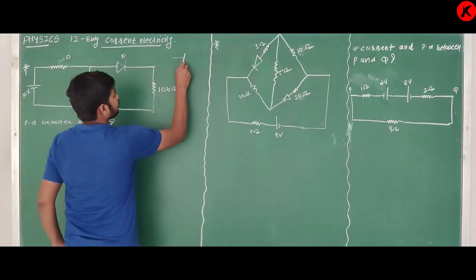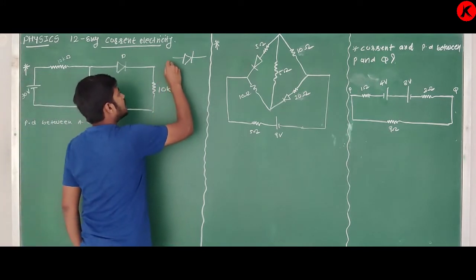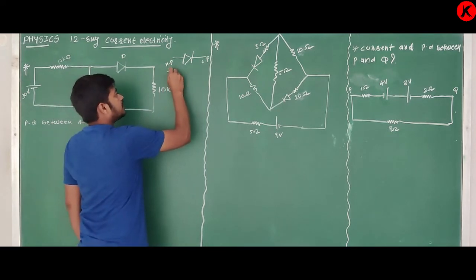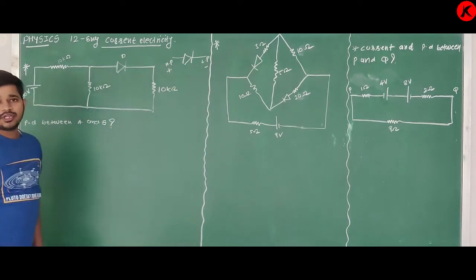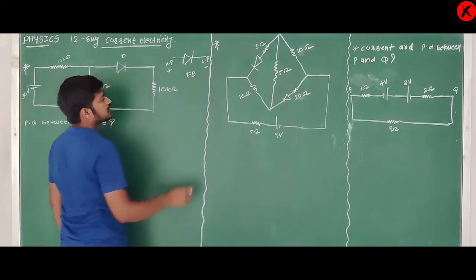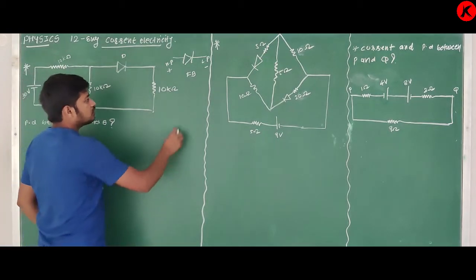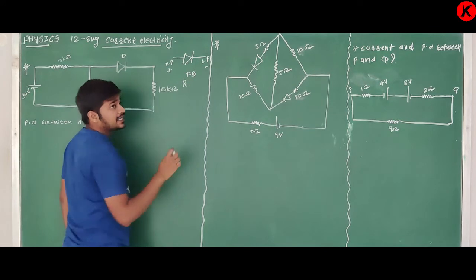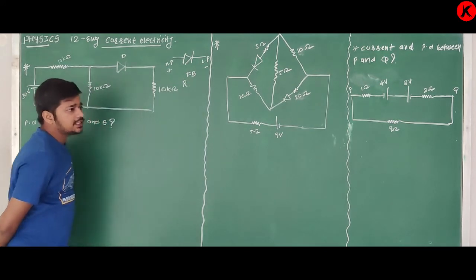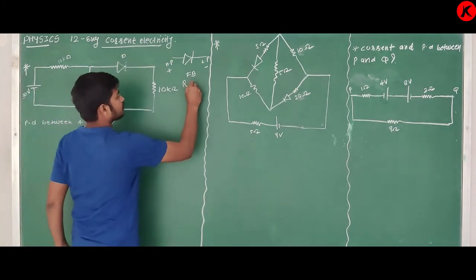If the diode is connected with higher potential on the positive terminal and lower potential on the negative terminal, then this diode is said to be in forward bias condition. And for an ideal PN junction diode, the resistance in forward bias condition is 0.